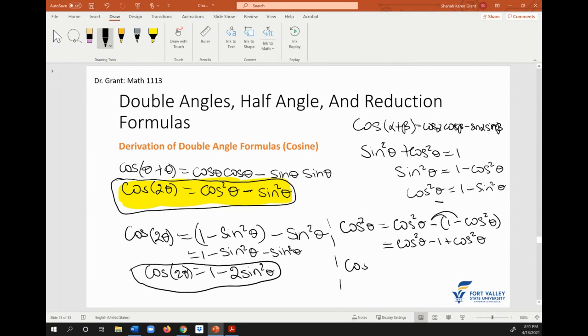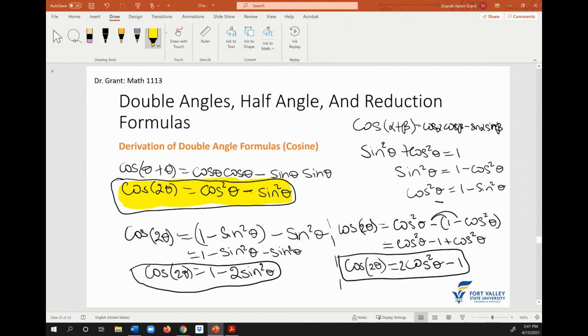So cosine 2 theta equals 2 cosine squared theta minus 1.